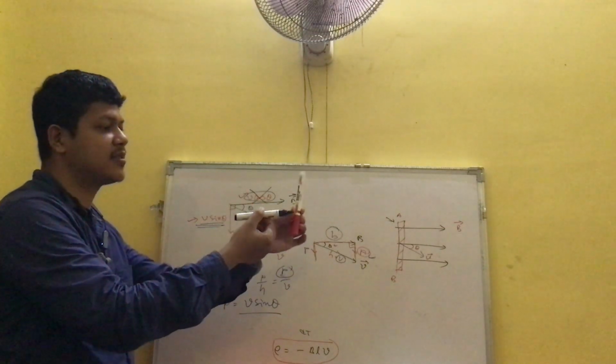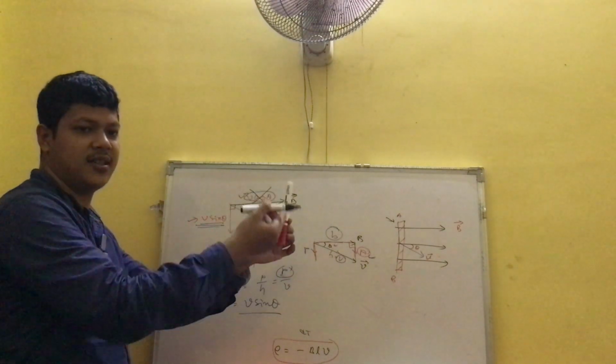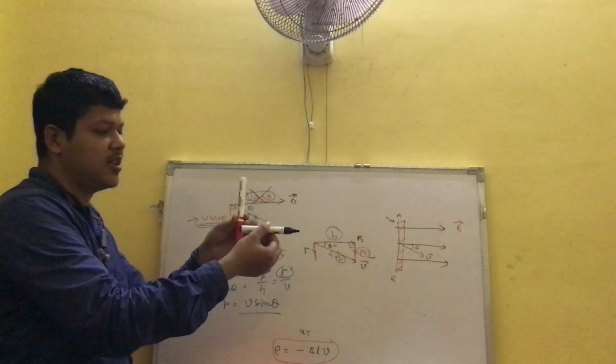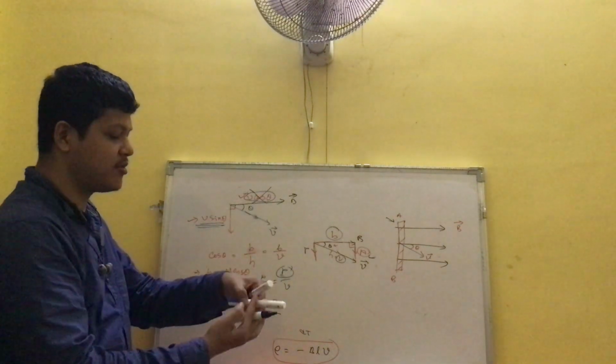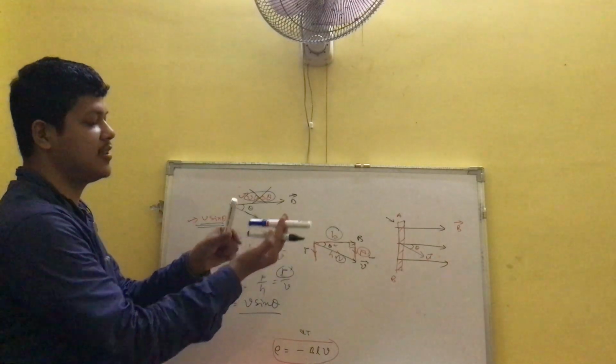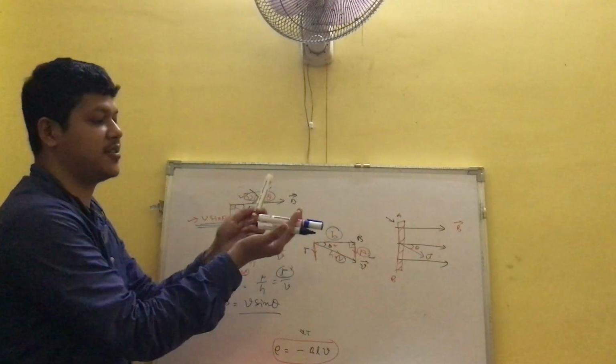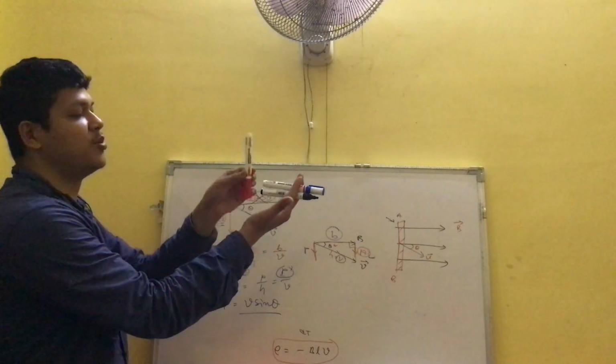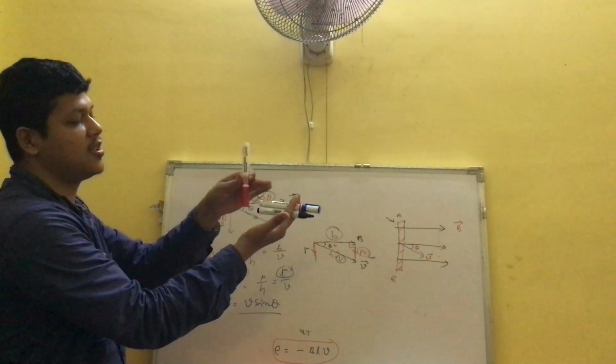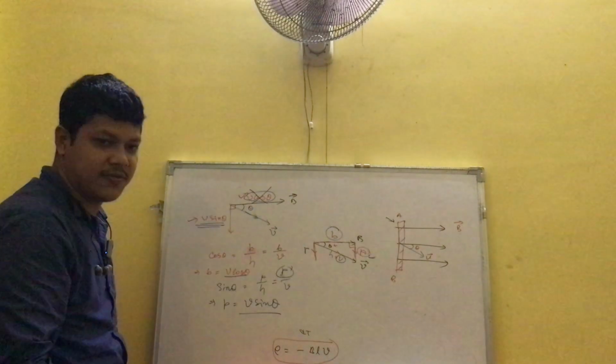There will be no flux change in this rod. Suppose these are two lines of magnetic field lines, and this is the direction. If you move this way, it is obvious that there will be no change in magnetic flux.